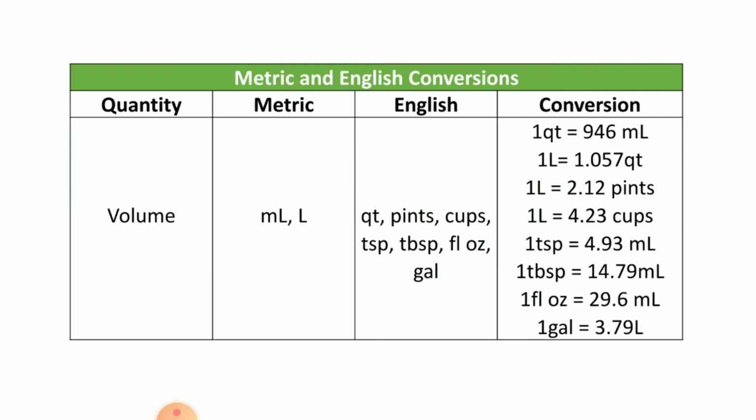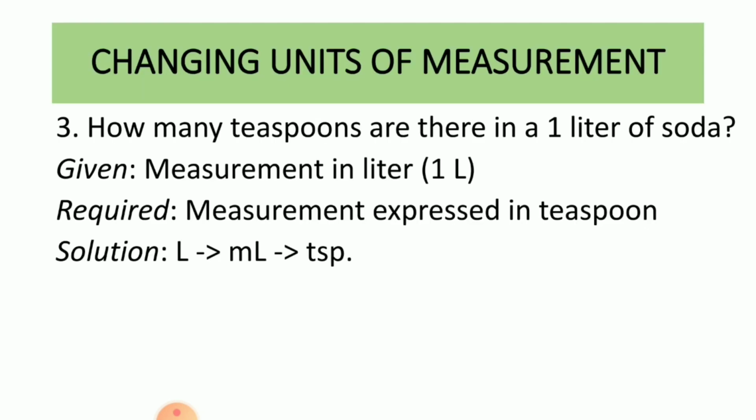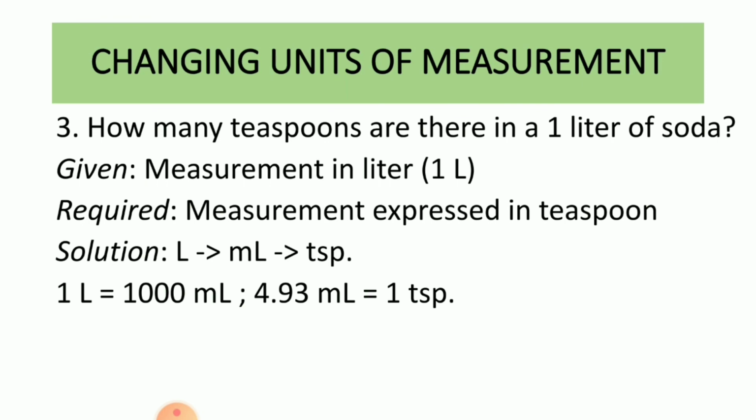Since there is no direct conversion of liter to teaspoon, we can convert first liter to milliliter, then milliliter to teaspoon. We all know that in 1 liter, there are 1,000 milliliters. Then, 4.93 ml is equal to 1 teaspoon.